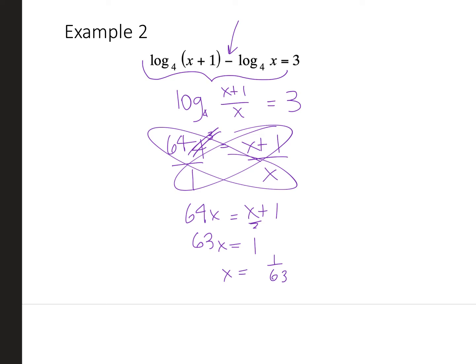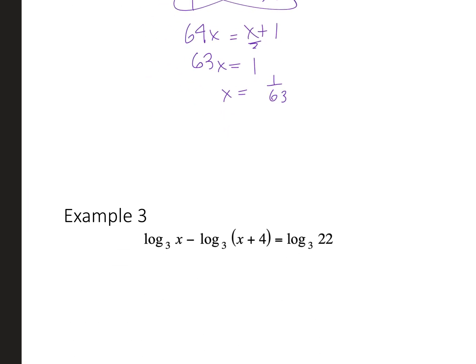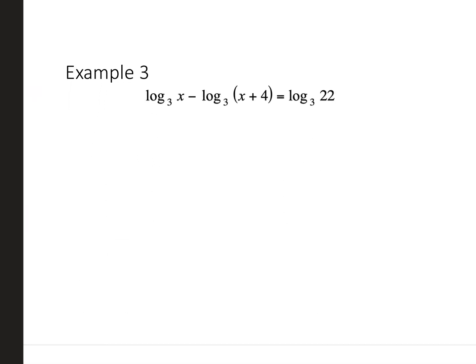All right, so again, if you have to, go back and look at the 2 examples again. Okay, so this one is going to be a lot like the first one. It means I need to condense the left, right? I'm trying to get the 3 logs in this problem to only be 2. So condensing, you'll end up with x over x plus 4 equals log base 3 of 22.